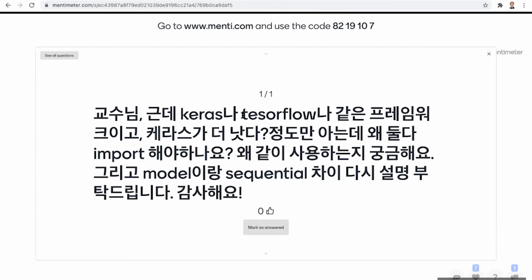TensorFlow and Keras were originally developed by two totally different groups.